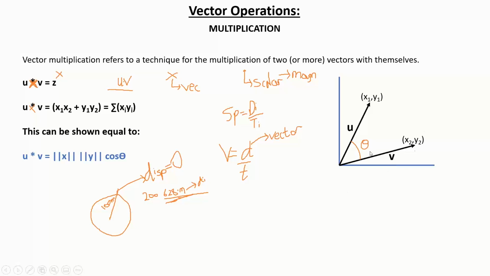This is v vector, sorry for the delay. Then this can be shown equal to mod of x into mod of y into cos theta, because it has nothing to do with whether the value is positive or negative, it is just concerned with the magnitude.